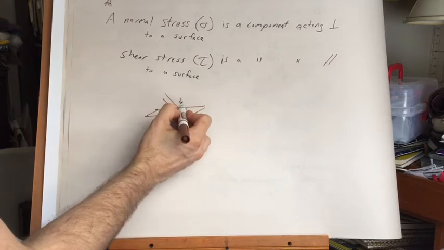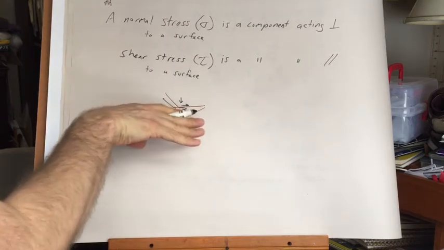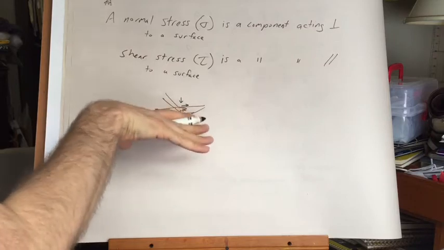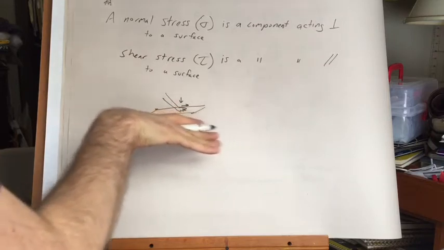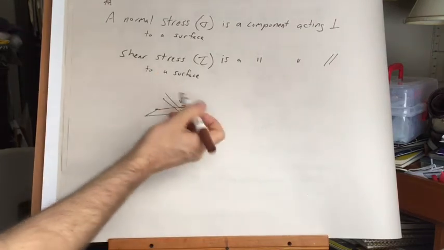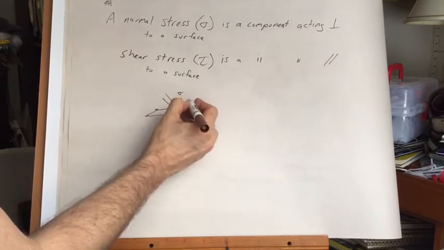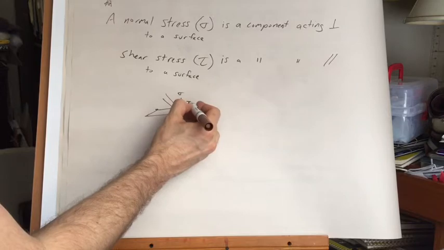Another component is going to be how much stress there is that's going to cause motion of my hand sliding on the table. So the downward stress is the normal stress, and the stress that wants things to slide is the shear stress.